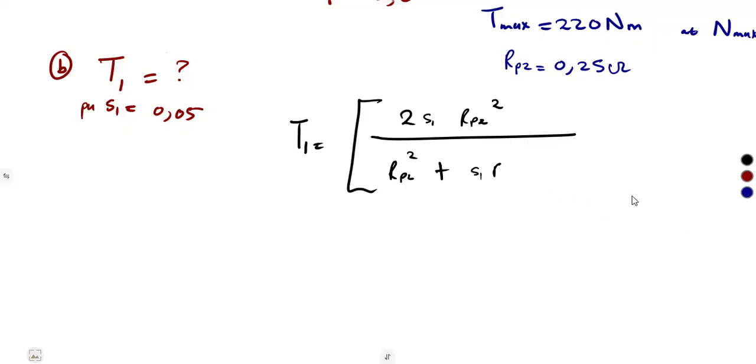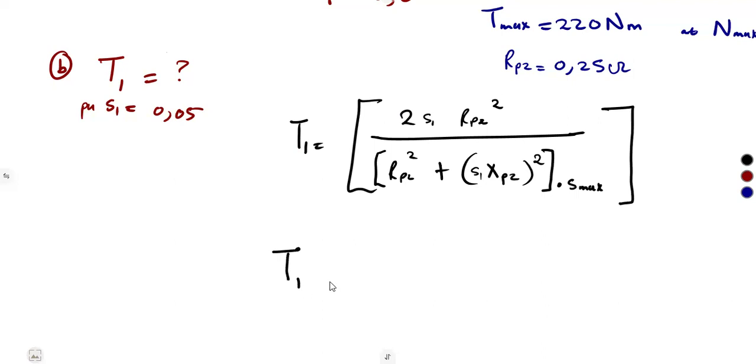This is X here, not R, but X. Remember, the whole of this part is going to be affected by what? Our maximum slip. So that is the condition.